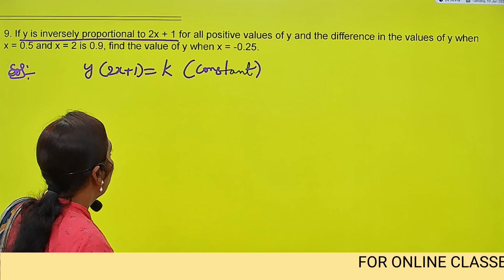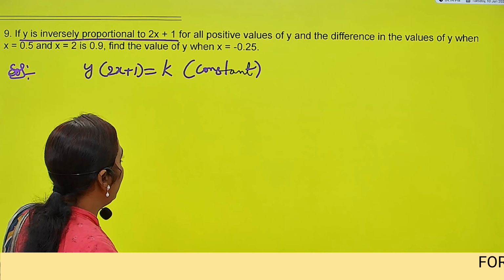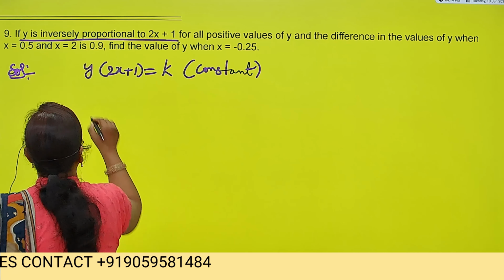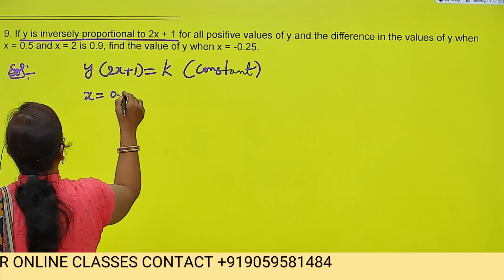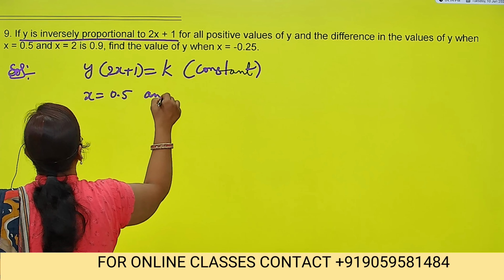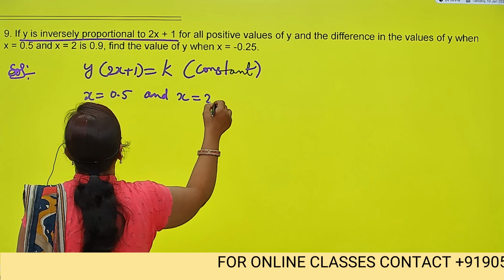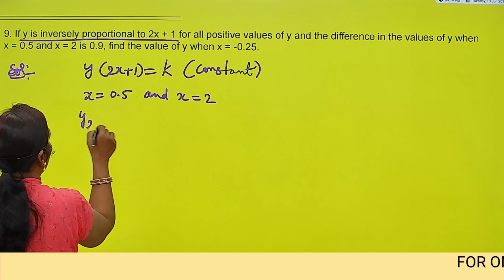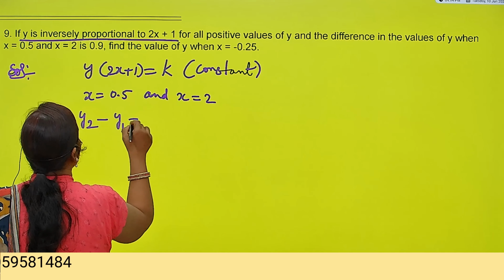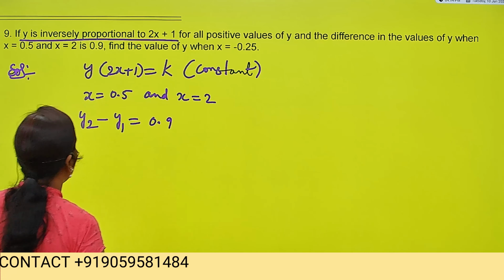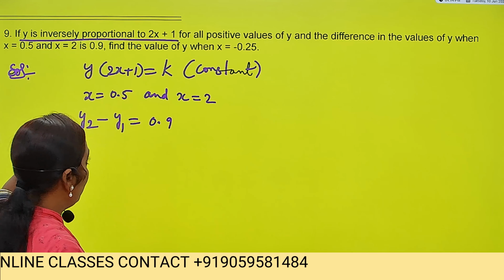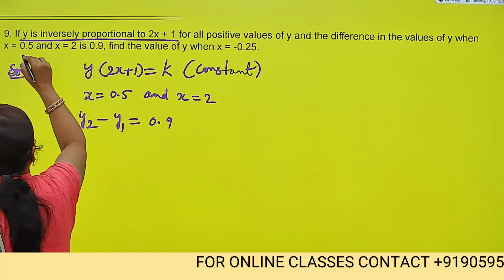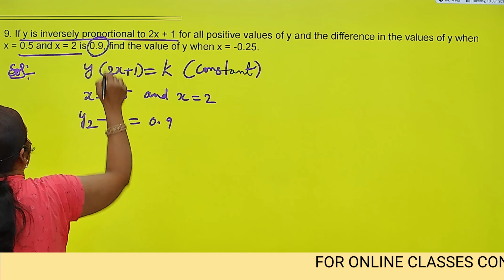Okay. For the positive values of y, the difference in the values of y when x equal to 0.5 and x equal to 2, the difference y2 minus y1 or y1 minus y2 is equal to 0.9. They are asking for positive values of y, and the difference in the values of y when x equal to 0.5 and x equal to 2 is 0.9.